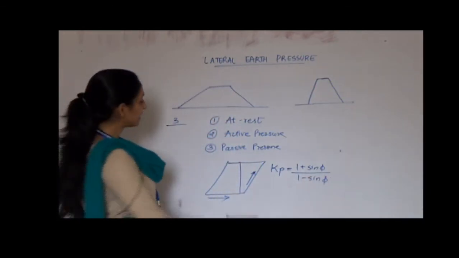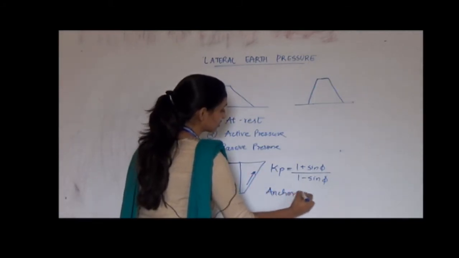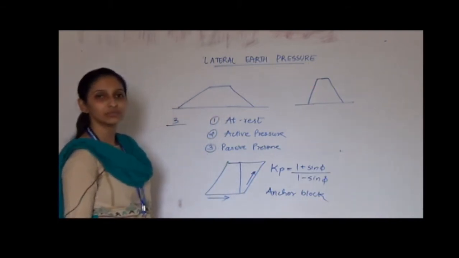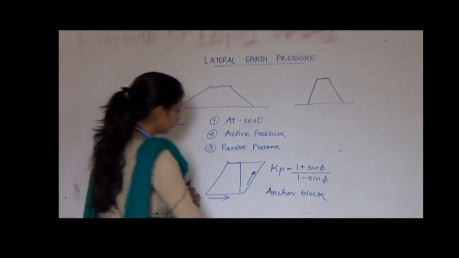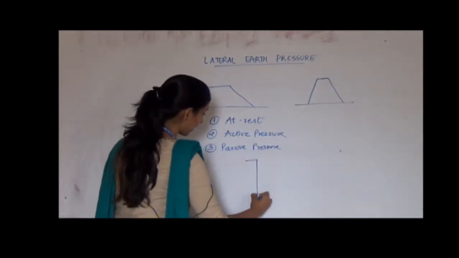Another example of passive earth pressure is anchor blocks. The pressure exerted on the anchor blocks is an example of passive earth pressure. Now to compare the active and passive earth pressure, we will see one common diagram.